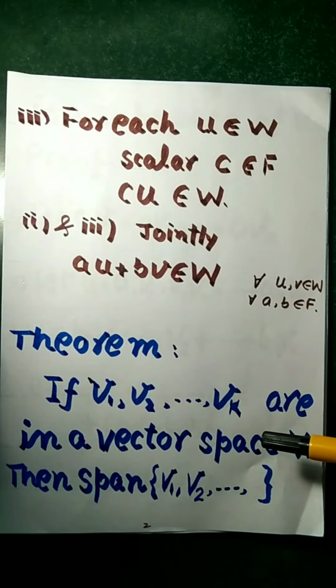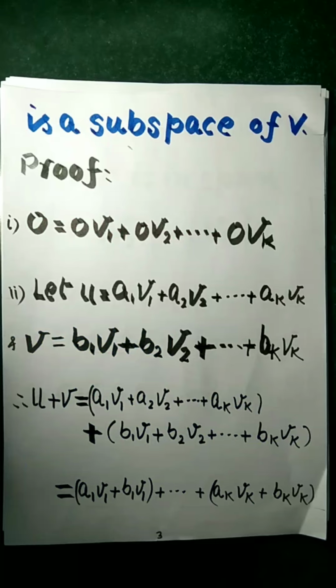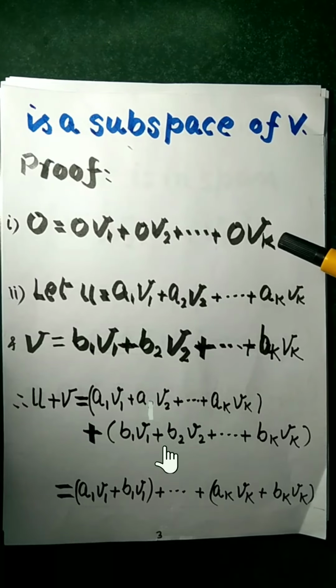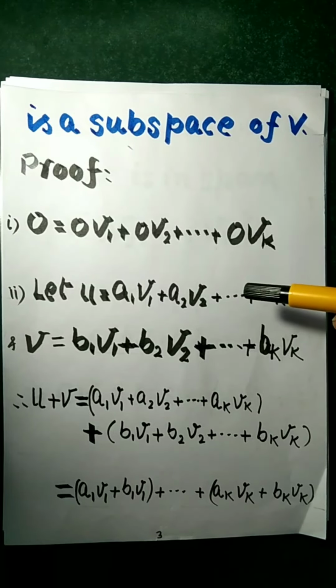These are the vectors, elements of the vector space V. Then we take the span of these vectors, elements of this vector space V, which will form a subspace. So let us check one by one.